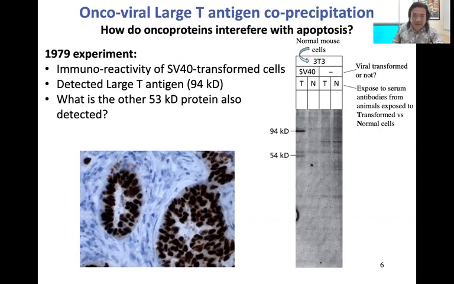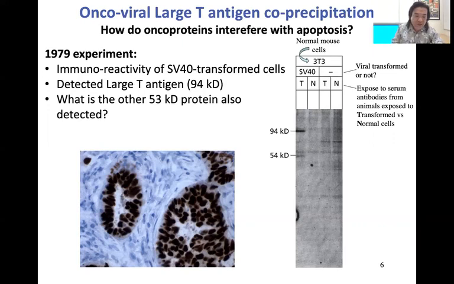Some early experiments back in the late 70s were trying to identify different types of oncoproteins that were involved in driving transformation forward. Back then, in the 60s and 70s, everybody was about oncogenes and oncoproteins, because they were really enamored with the idea that mutations in some proto-oncogene like RAS or SRC turn them into a totally evil oncoprotein.